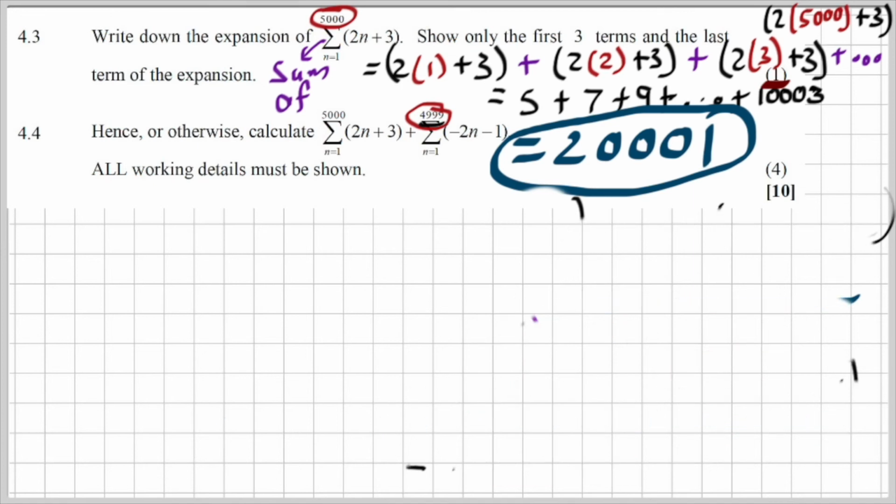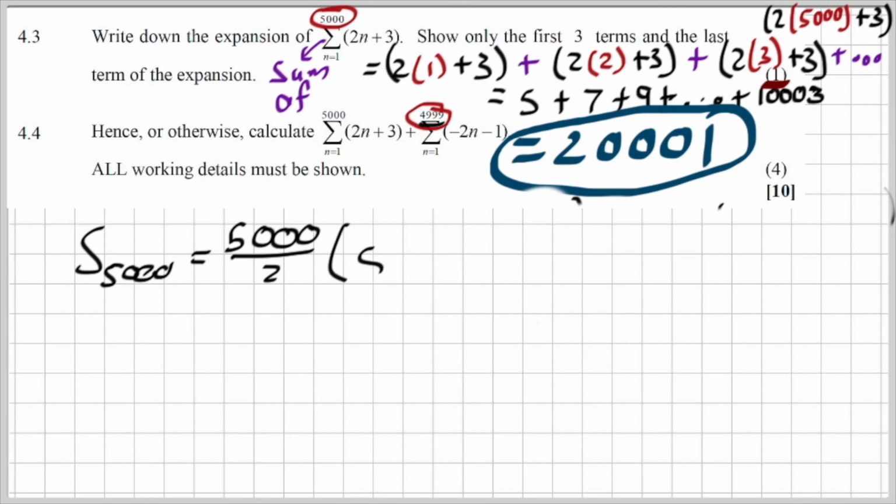So let's quickly see. If I go to the formula for the first one, S of 5,000, I'm going to use the formula 5,000 over 2, A, which is 5, and the last term, which is 10,003.